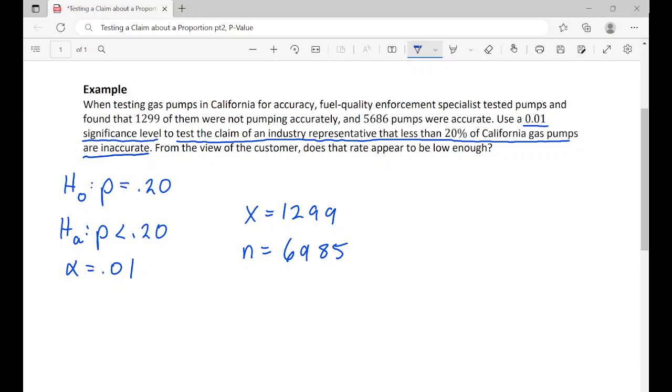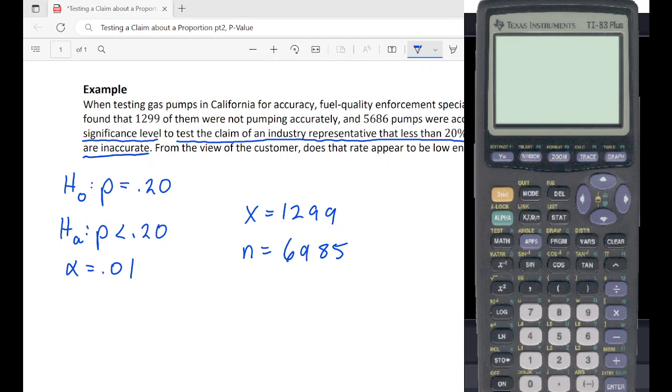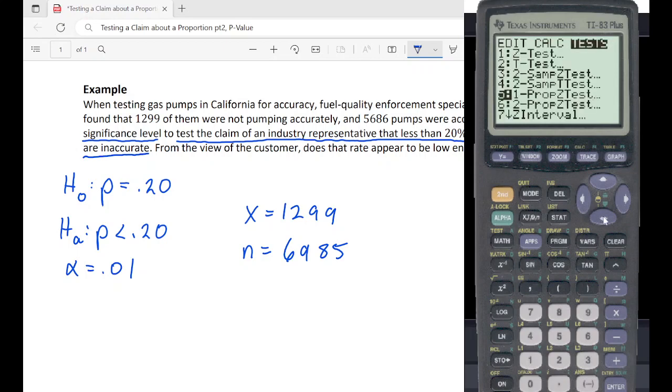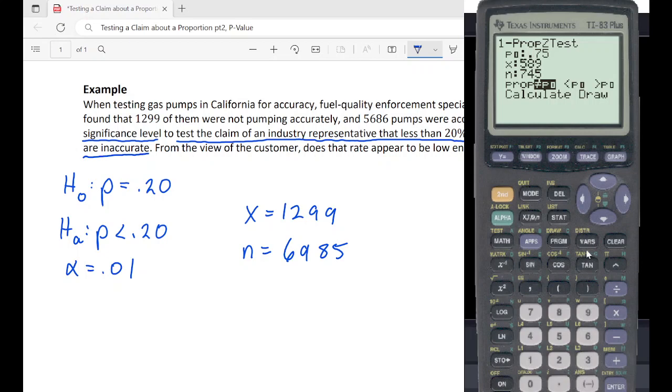So we have everything set up and ready, so we're going to go in and find our test statistic and our p-value, because this is the p-value method we're using today. We're going to go to STAT, then TESTS, and because this is a proportion and we're dealing with one thing, we're doing a 1-PropZTest.